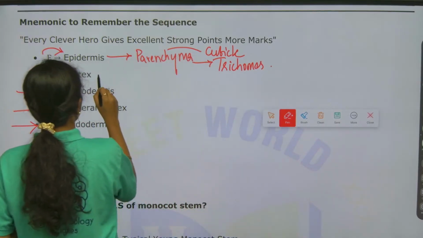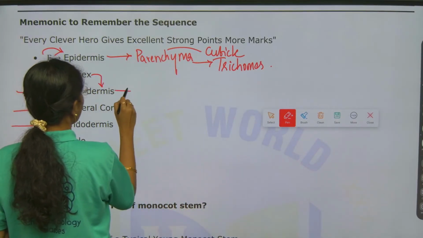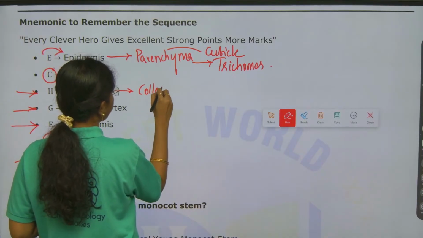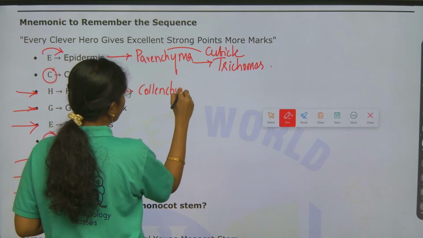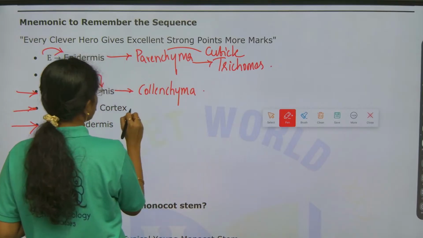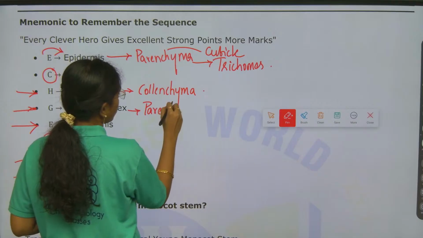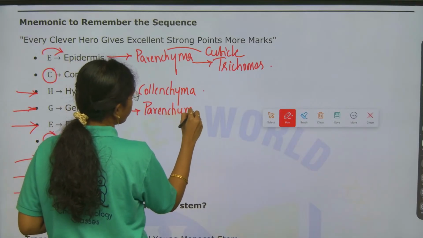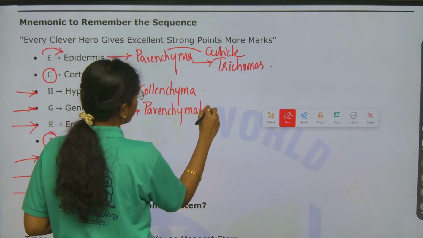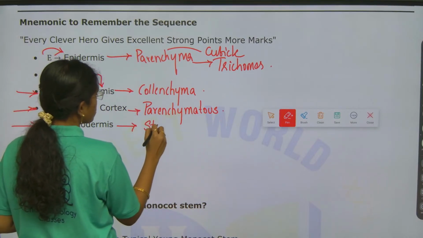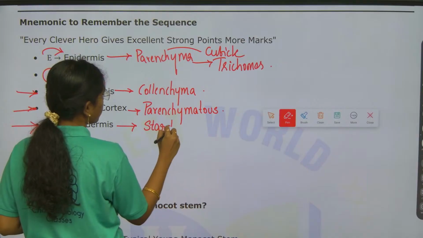Fine, right. Next, cortex region: hypodermis is made up of collenchyma, and then general cortex is parenchymatous, and then endodermis consists of starch sheath.